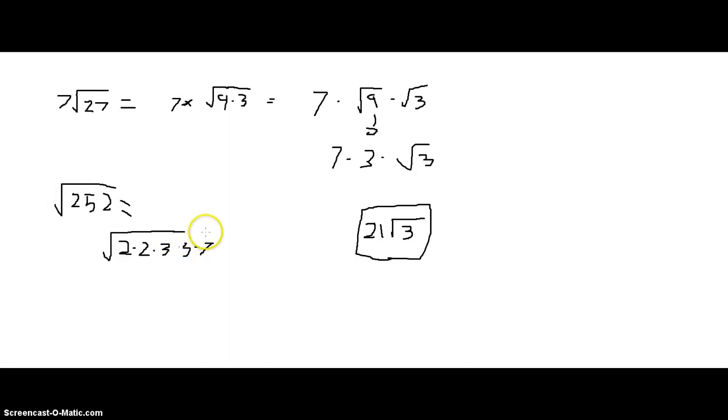You have to do a little bit of work in this, but 2 times 2 times 3 times 3 times 7 equals 252. That's what you have. Now, what are we going to do with these numbers?